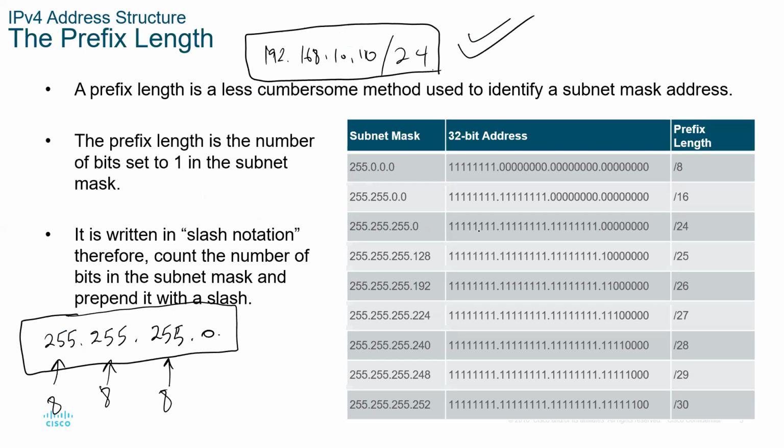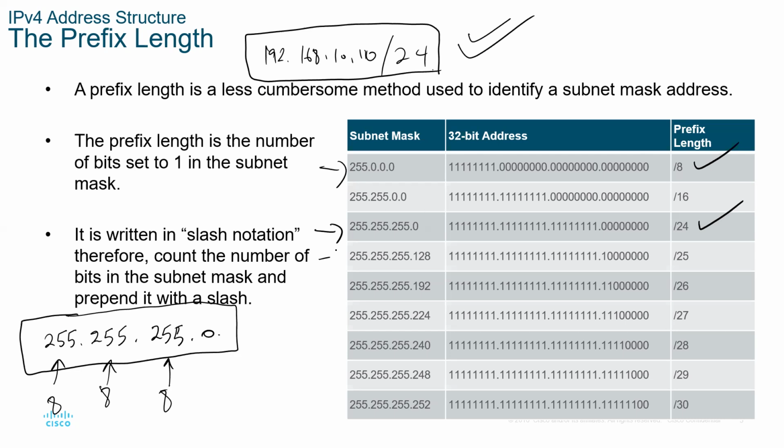If you go to the examples, the subnet mask is 255.0.0.0. It means there are only 8 bits being used for the network portion. Therefore, the prefix length is /8. In the example that we had, 255.255.255.0, those are 24 bits, so the prefix length is 24.